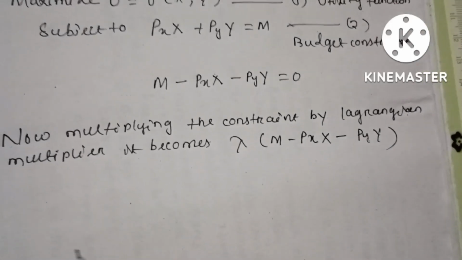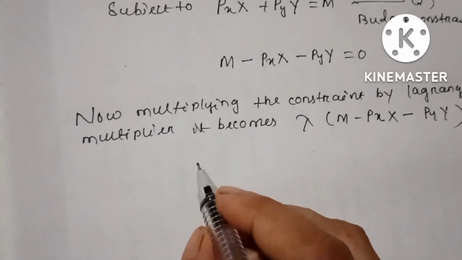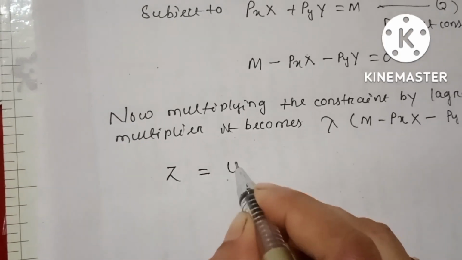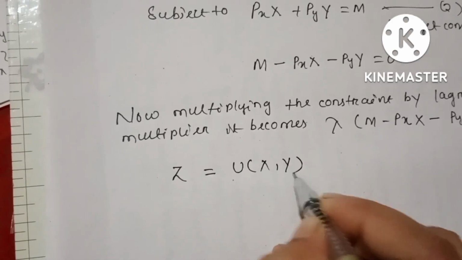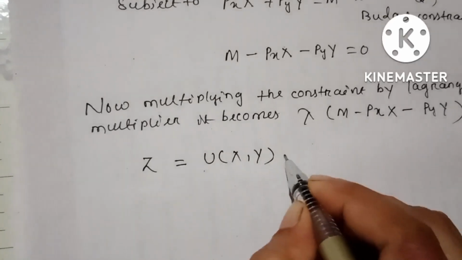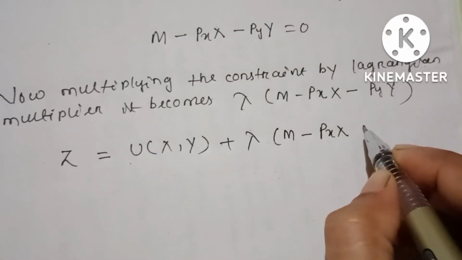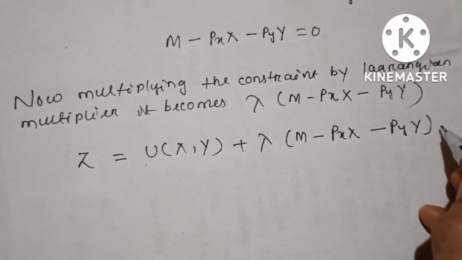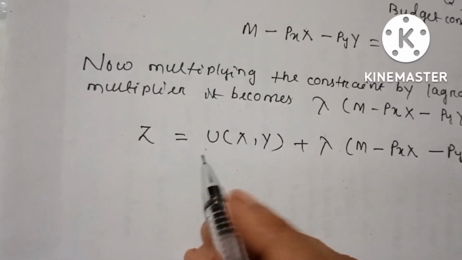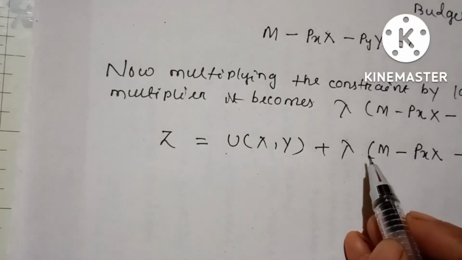So taking the Lagrange function, the composite function z becomes u of x, y, that is utility, which is a function of x, y, plus lambda into m minus pxx minus pyy, which is your equation number 3. Here lambda represents the undetermined multiplier.